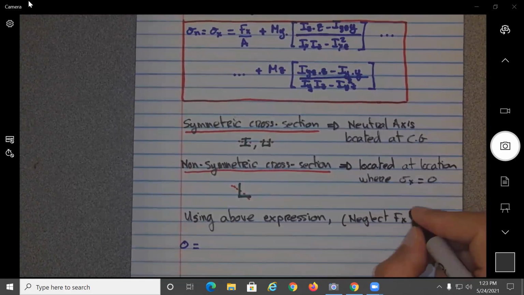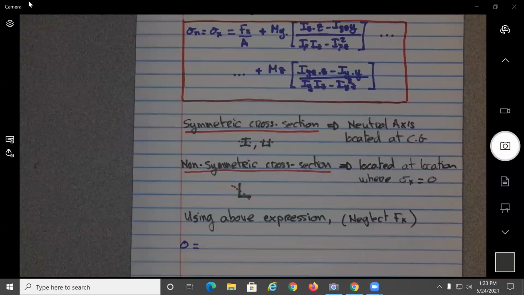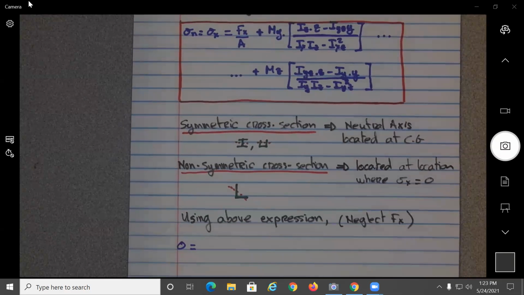Let's take Fx away, because that one does not really affect it, it's just the one that is normal.